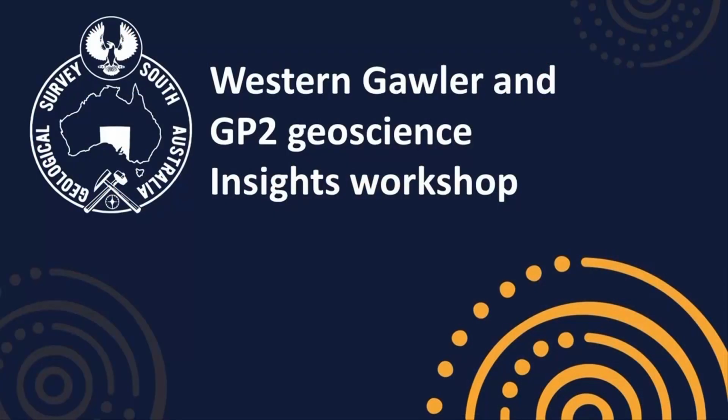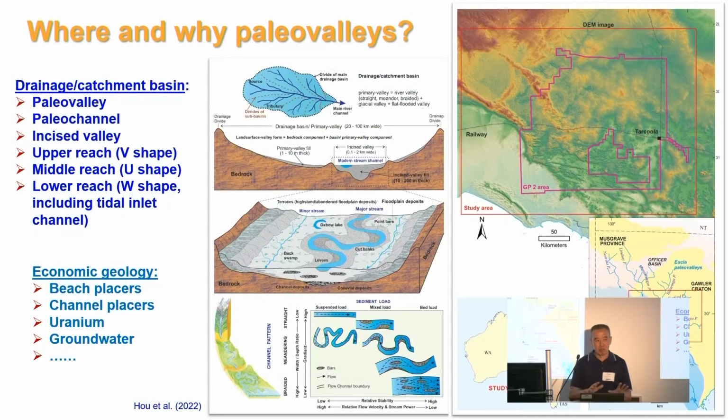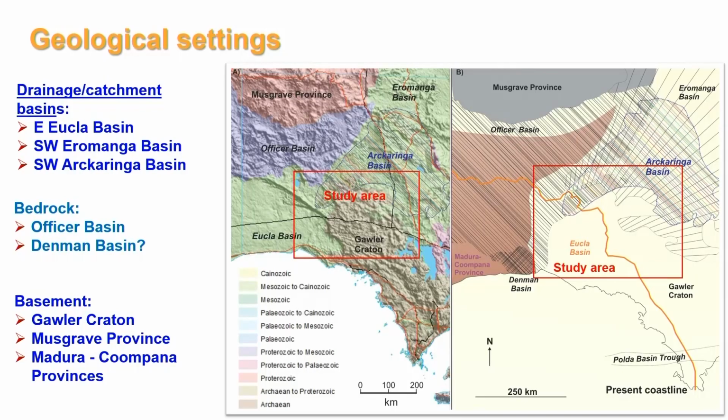We're talking about this because when you map paleo valley, especially at regional scale, first you have to work out where this drainage is flowing and where it starts. This is very important for our paleo channel mapping here.